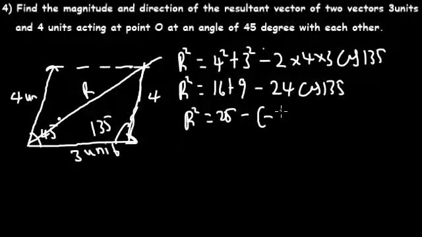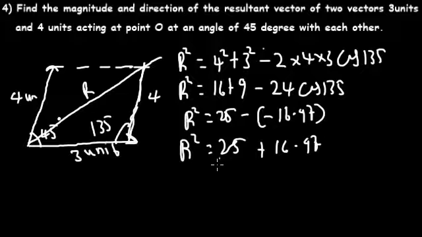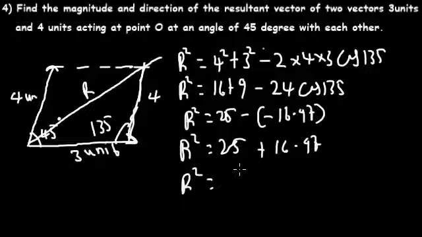So multiply by negative 16.97. Be very careful. You do it one after the other. R squared equals 25, so the minus affects the plus 16.97. And when we add 25 with 16.97, we got 41.97.